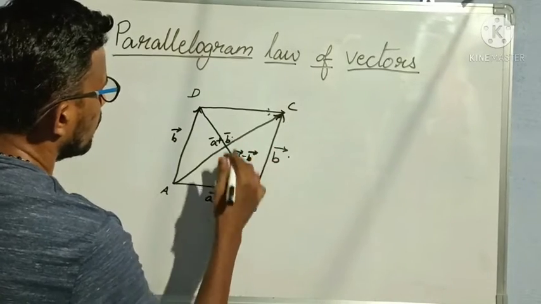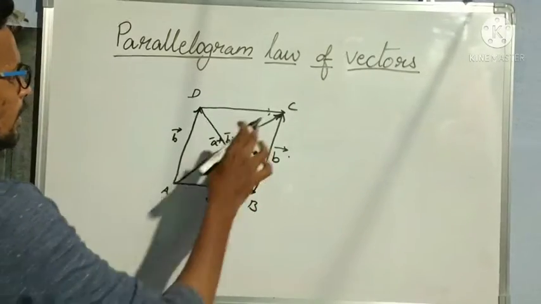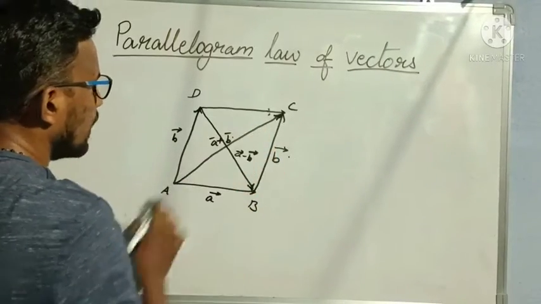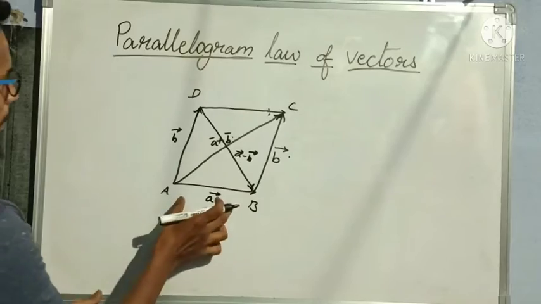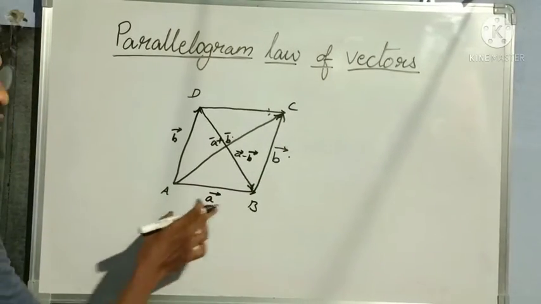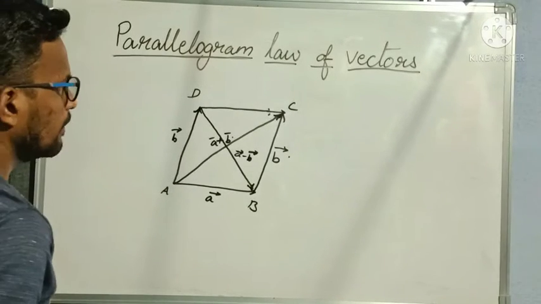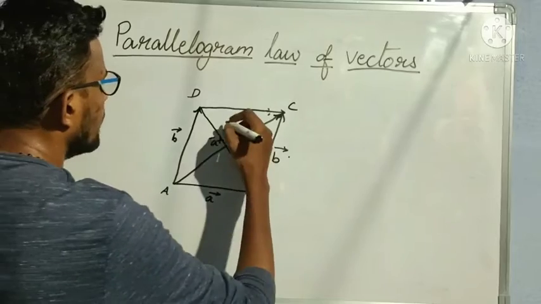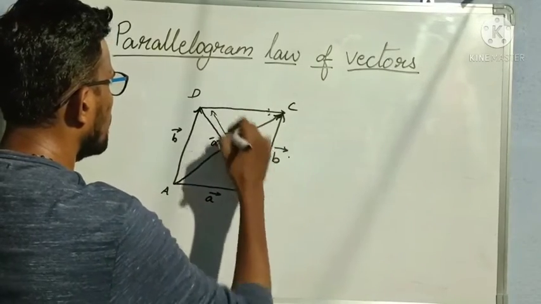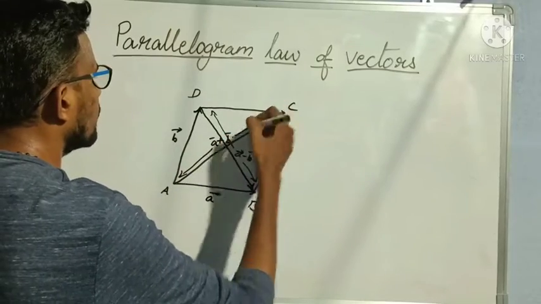The shortest diagonal becomes a bar minus b bar, and the longest diagonal becomes a bar plus b bar, where a bar and b bar are the lengths of the parallel sides. Understood? So this is the parallelogram law of vectors. This a bar minus b bar means the length of DB, and a bar plus b bar means the length of AC.